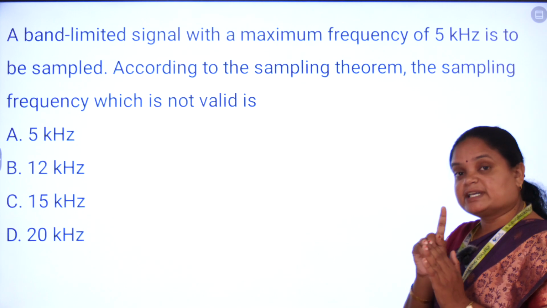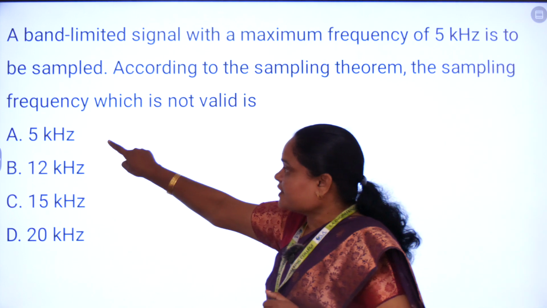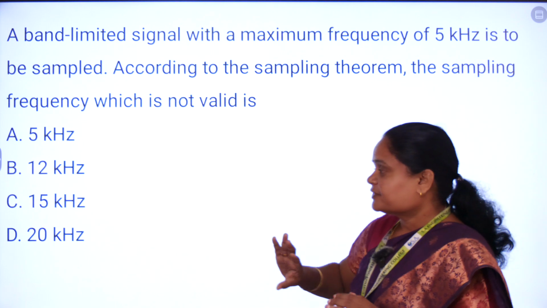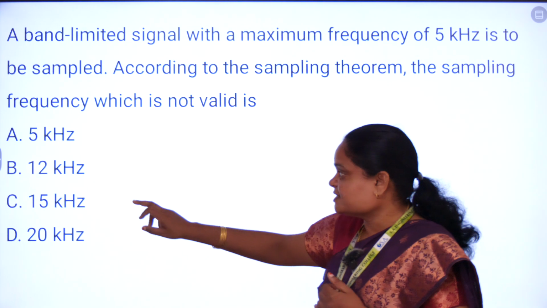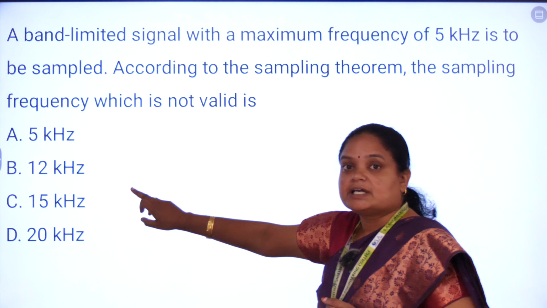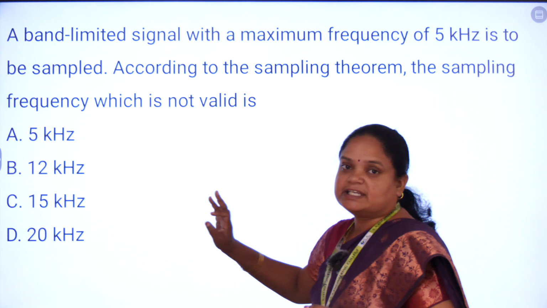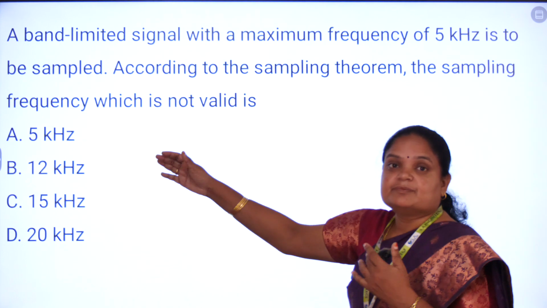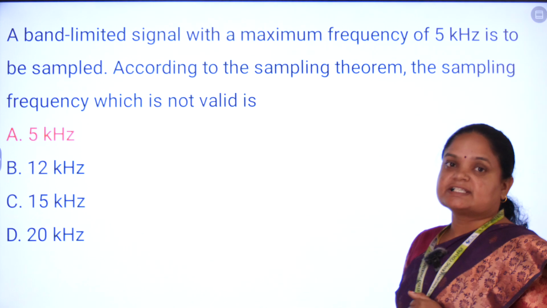So Fs should be greater than or equal to 10 kilohertz. Here the options are 5 kilohertz, 12 kilohertz, 15 kilohertz and 20 kilohertz. 12 kilohertz, B, is a correct option. 15 kilohertz, C, is also correct. 20 kilohertz, D, is also correct. So these three are valid. The one that is not valid is 5 kilohertz.